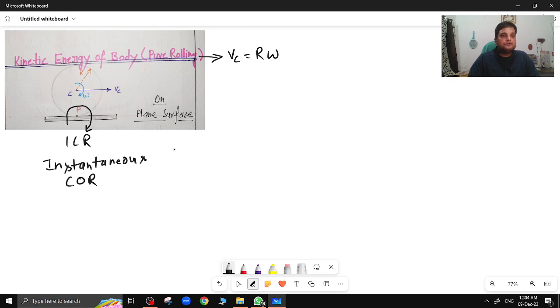So here we are supposed to find out the total energy of the rolling body. We know that the kinetic energy here holds two types of energies. The first one is translational and the next one is rotational.